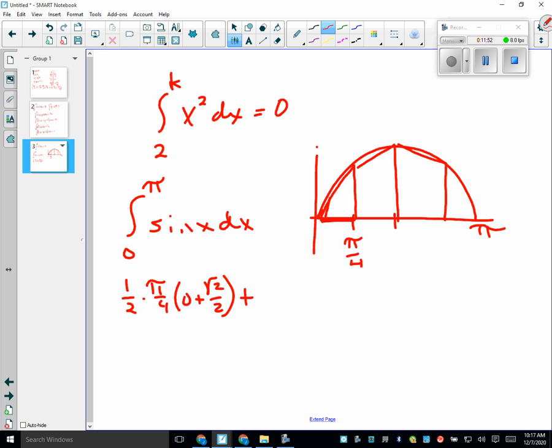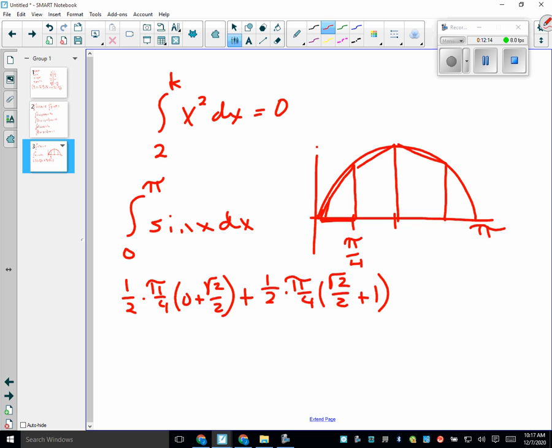What's my second one? We know it's 1/2 times pi over 4, don't we? That's because that's my height on all of them. What is this base? Radical 2 over 2 plus 1.